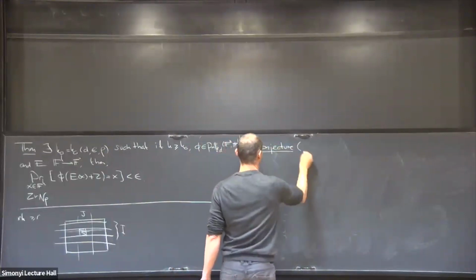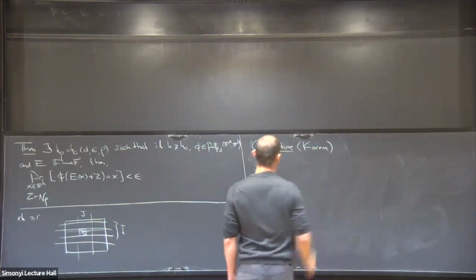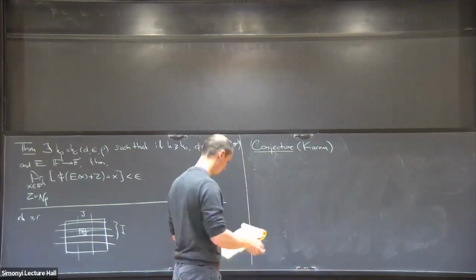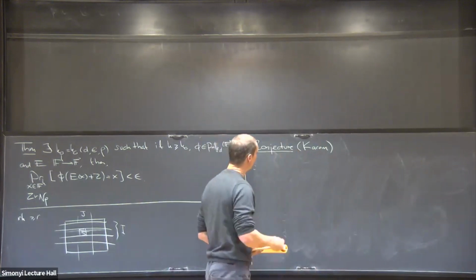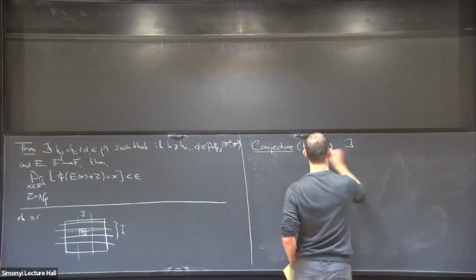Just over the summer, a paper came out by Thomas Karam, in which there are a number of very interesting things. One thing is to pose a conjecture that says the kind of thing that I mentioned for matrices.